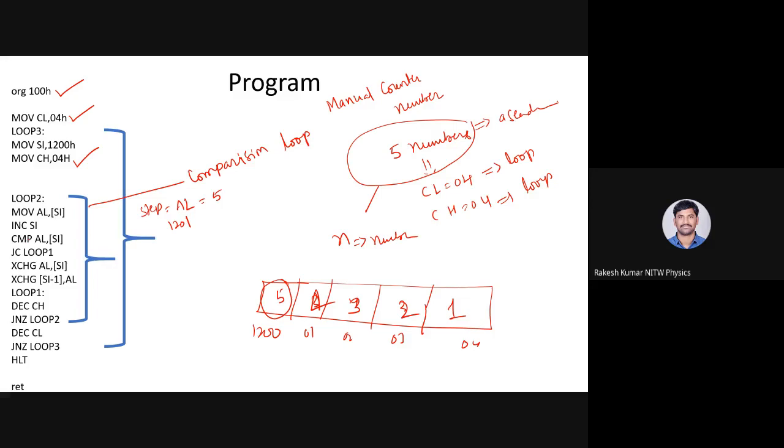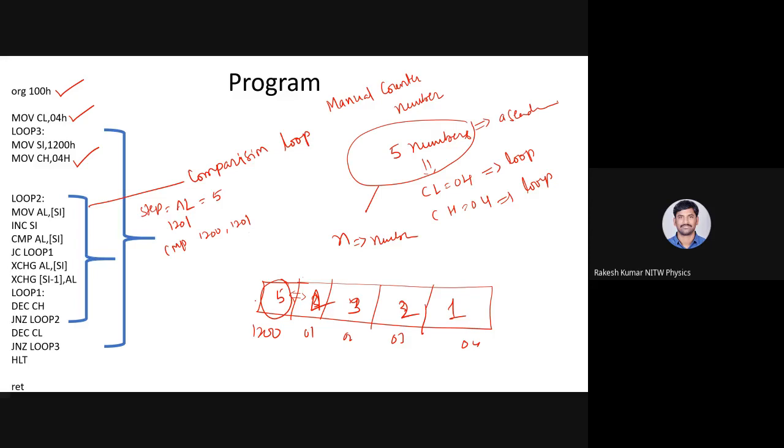It is comparing which numbers now? Agree? Yes, sir. So now, first it has moved your 5 to the AL register. Then it is comparing this 5 with the 4. If you look here, CMP AL, [SI]. SI is 1201. So it is going to compare 5 and 4 first.